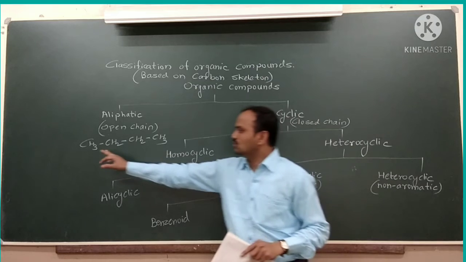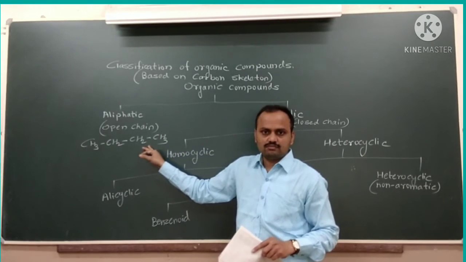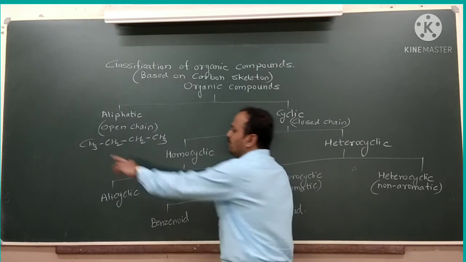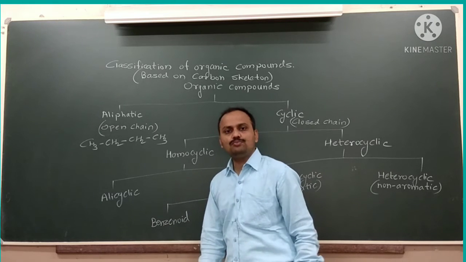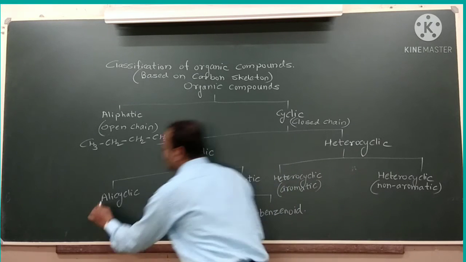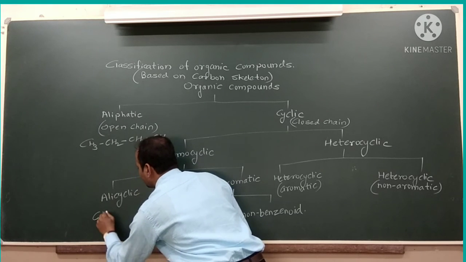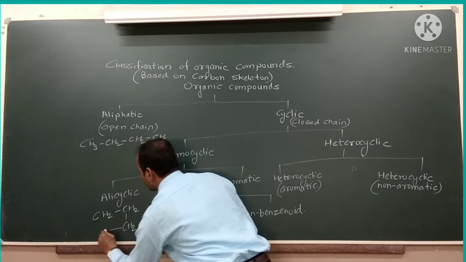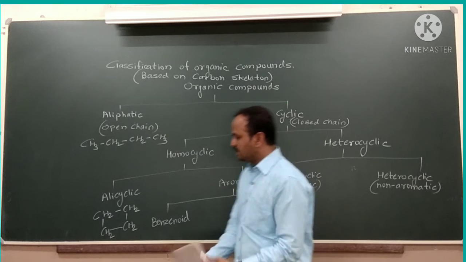When I connect the first and last carbon of butane, what will I get? An alicyclic compound, with CH2, CH2, CH2, CH2 in the ring.